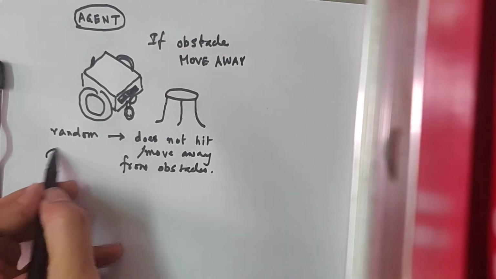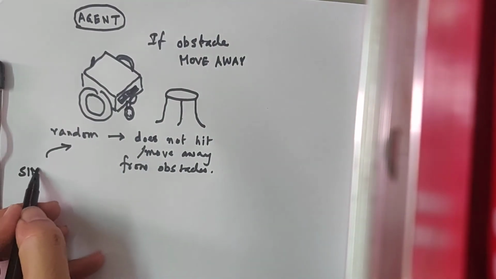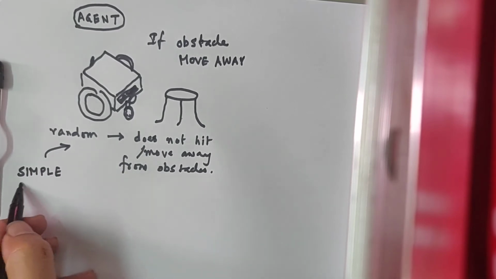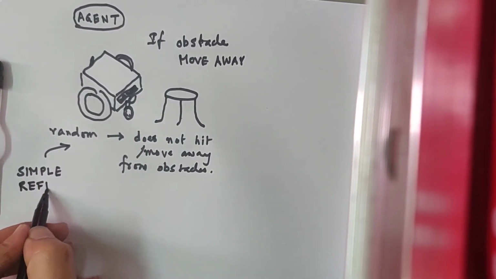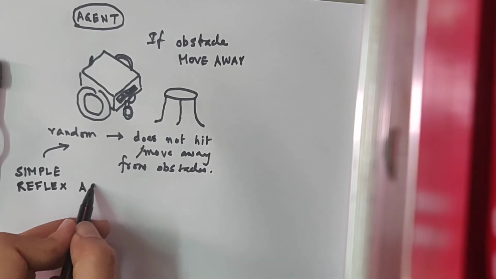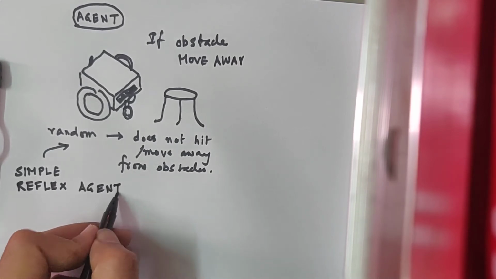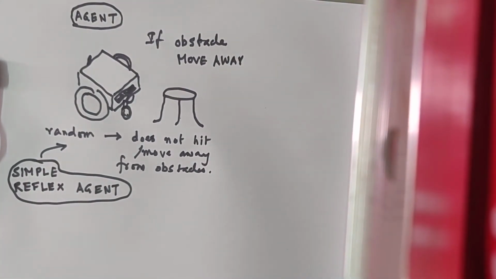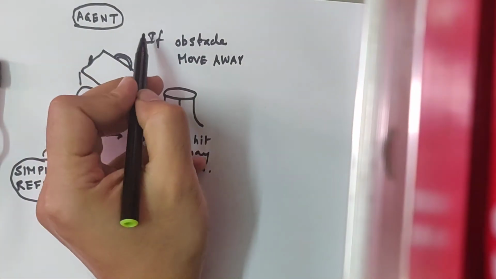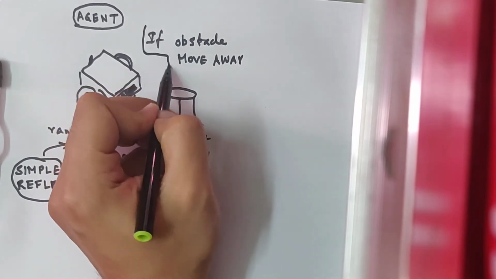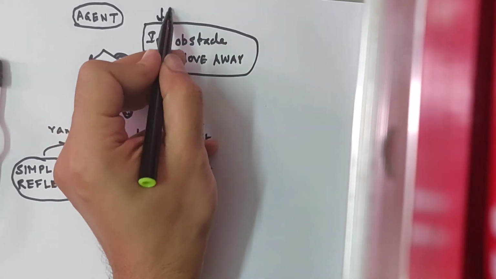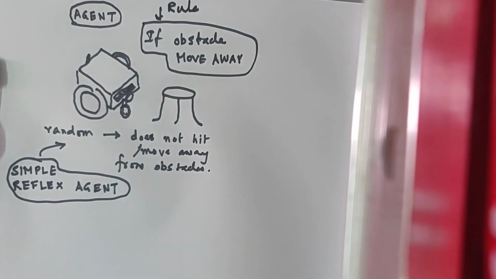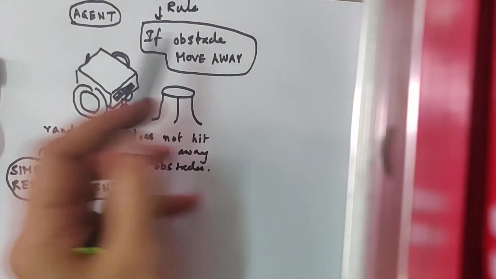Such an agent is called a simple reflex agent. A simple reflex agent works by finding a rule. This is the rule whose condition matches the current sensory percept.